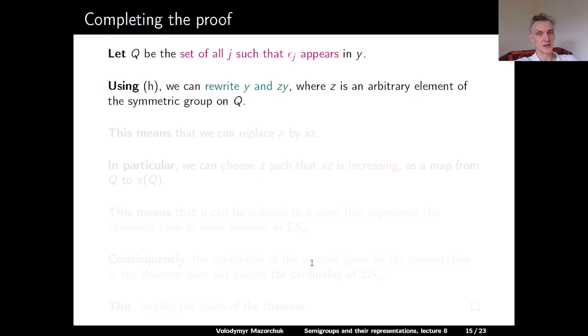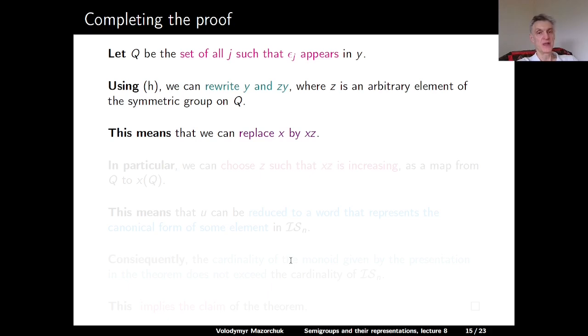So using this relation, we can rewrite y as zy, where z is an arbitrary element of the symmetric group on Q. And this means that we can replace x by xz.